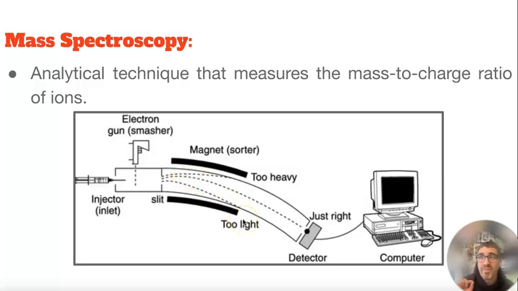Now, if the instrument is calibrated in such a way that a certain fragment with a certain mass to charge ratio will hit the detector just right, once it hits the detector, that information is relayed to the computer, which will confirm the presence of a certain ion or isotope.